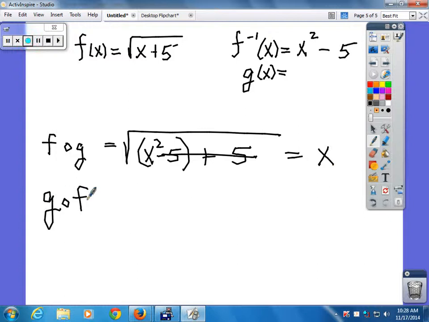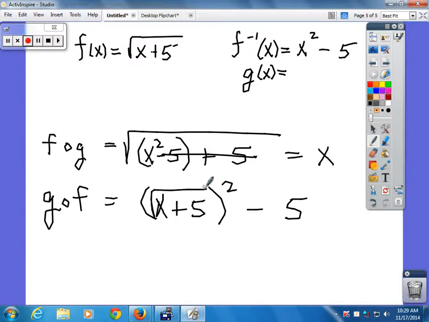G composed of f. That means we've got to draw x, parentheses squared minus 5. And then plug in x plus 5. Now here we got a problem. Oh, wait a minute, hold on. Square root of x plus 5. All right. What happens to the square root of x plus 5?